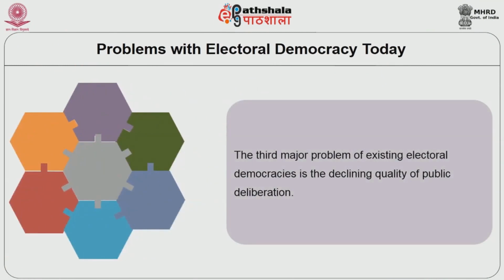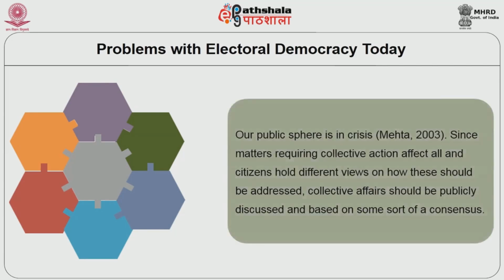The third major problem of existing electoral democracies is the declining quality of public deliberation. Our public sphere is in crisis, since matters requiring collective action affect all and citizens hold different views on how these should be addressed. Collective affairs should be publicly discussed and based on some sort of a consensus.